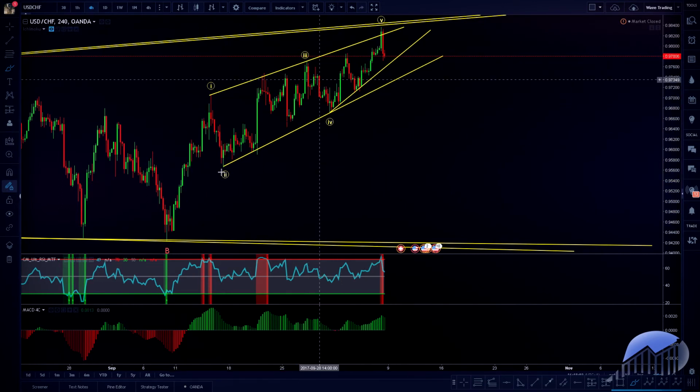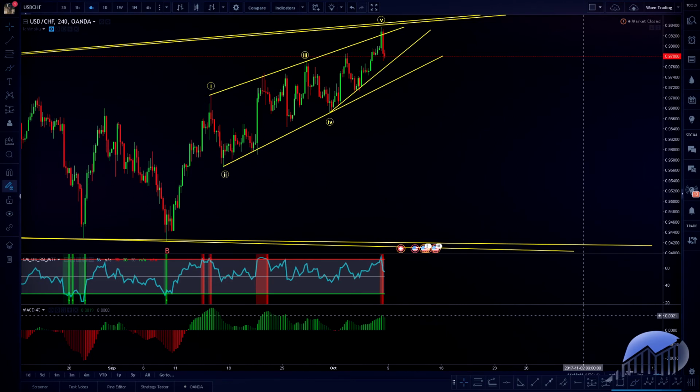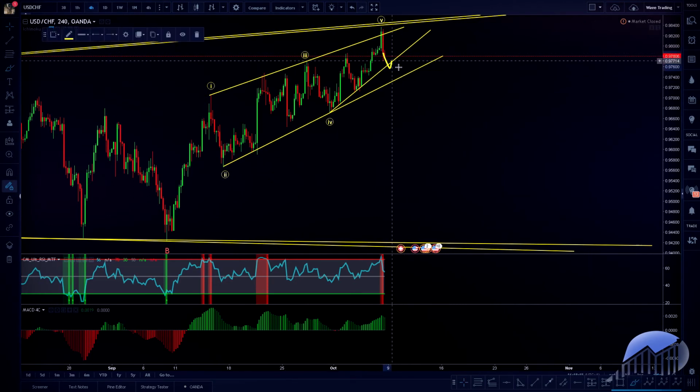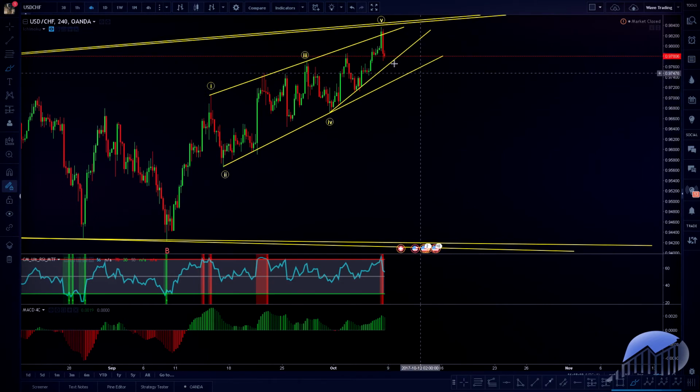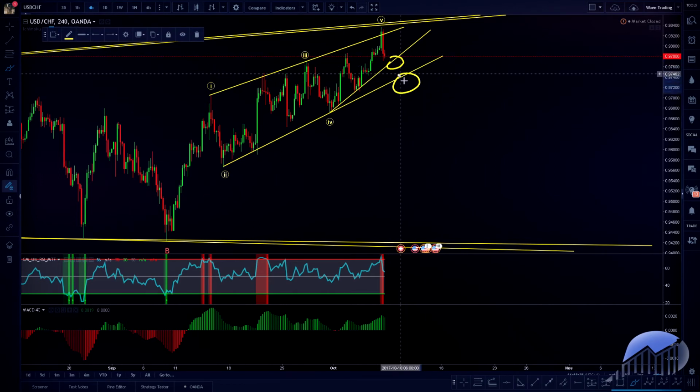However, now as the waves have matured, it's more likely to be completely finished. This time I'm not going to be so aggressive, and I'm going to wait for a flag before looking to sell like this. The flag could form here, be very careful of that, but if it forms here, there's going to be a much higher chance of it dropping.